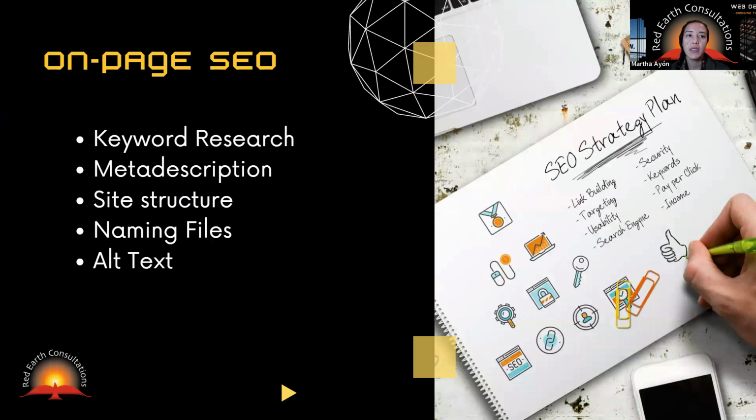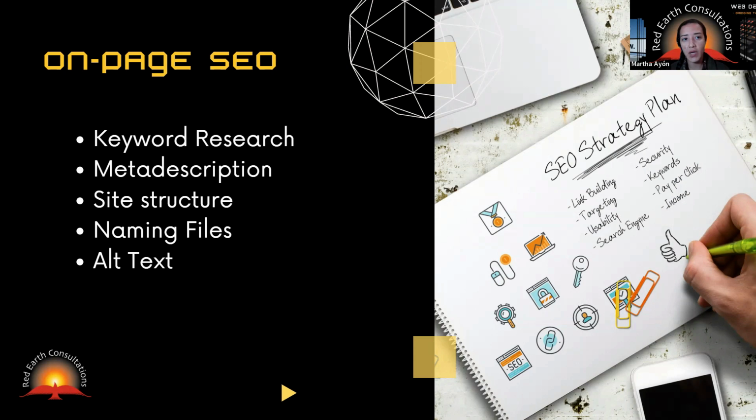As we went through last time, there are a couple of different things you can do to improve your on-page SEO. That includes your keyword research, putting in your meta descriptions, and putting in as many pages as possible in order to increase that ranking, because you want the search engines to pick up as many keywords as possible within the different pages.